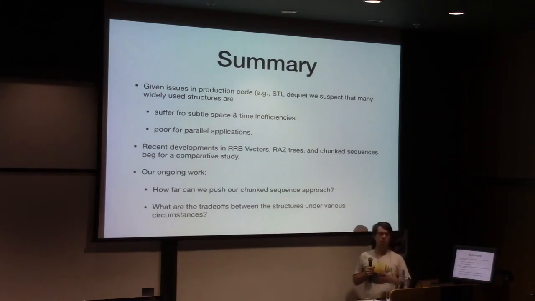There are the RRB vectors, which were already presented a couple of times in ICFP. There are two papers on that. There's a fairly new structure called the RAS tree, which is a probabilistic tree structure. Both of those have the same asymptotic profile as the finger tree and also the chunk sequence which I mentioned.